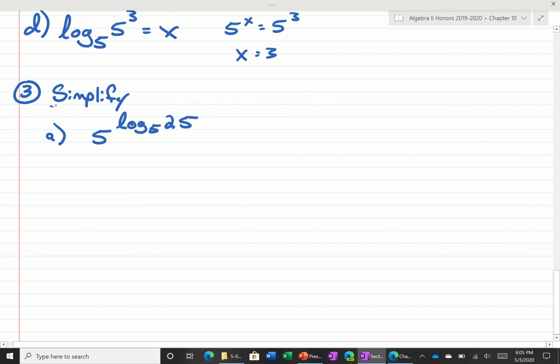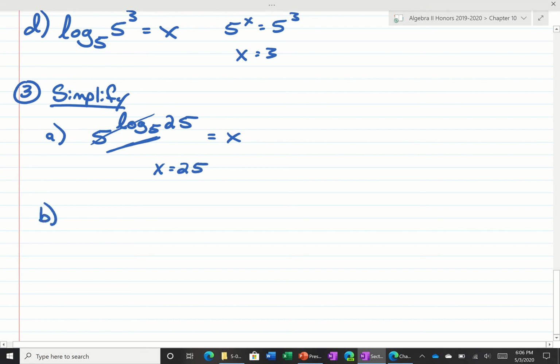Now, whenever you have a problem that says simplify, if you want, you could always make it equal to x. We don't know what it is. And actually, this is an inverse property. 5 base, the exponent base 5 of log base 5, these just cancel. And you just get x is equal to 25.